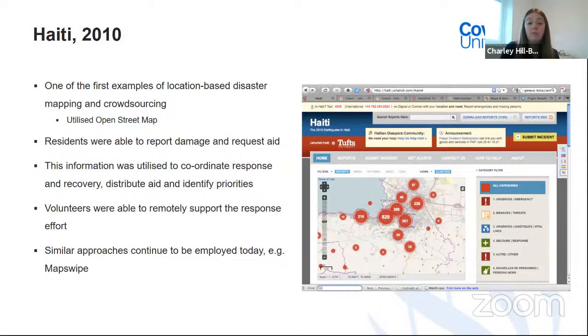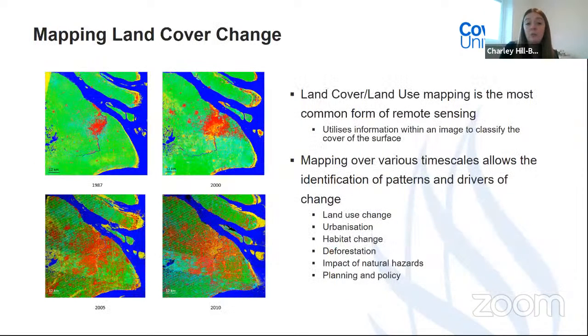From a more generalised perspective, we can also inform things like land use and land cover. The land cover is what is on the Earth's surface, and that informs our land use. So it's an urban area and it's maybe being used for industrial purposes.